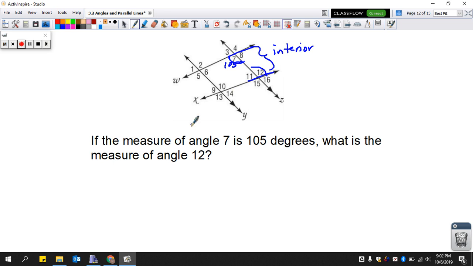So they're both interior angles, and they're on opposite sides of the transversal, which is the transversal Z here, so we can ignore all these down here. So they're on opposite sides. That means they're alternate interior. Alternate interior angles are congruent, and so that means that angle 12 is also 105 degrees.